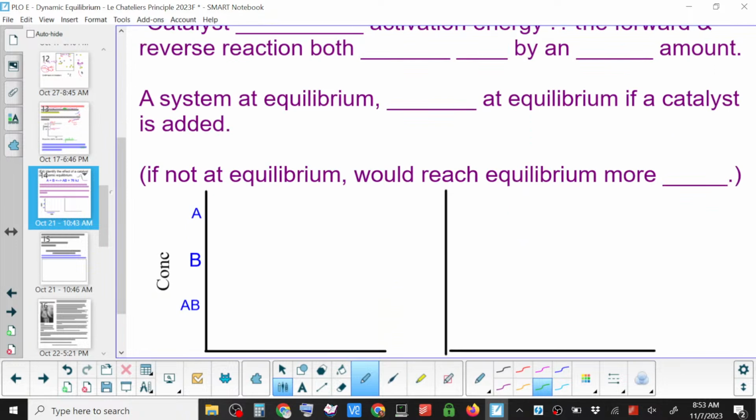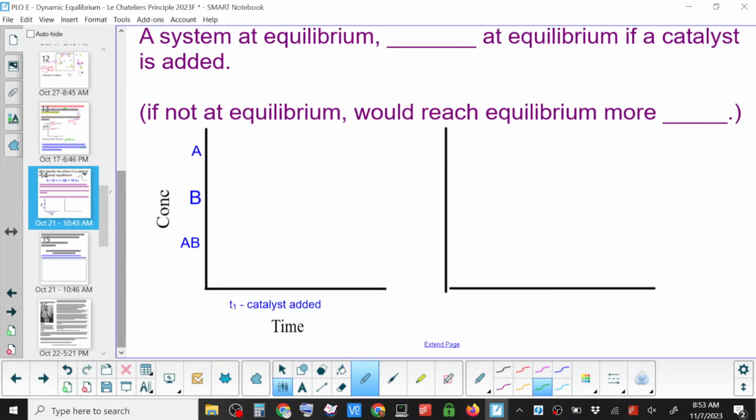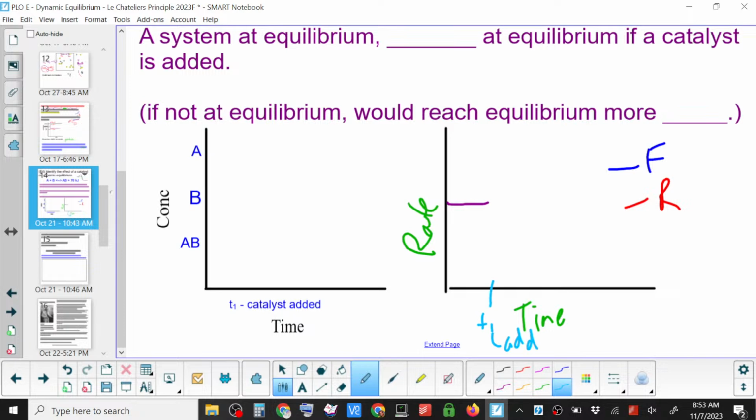So if I measured rate versus time, and once again I say that's forward, that's reverse, purple being the same one, and at this point right there, T1, add catalyst.